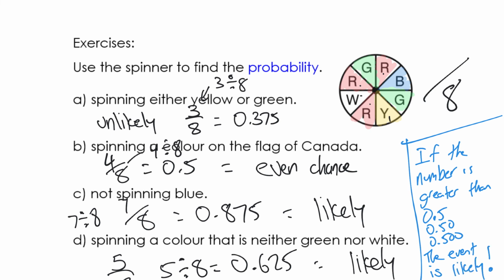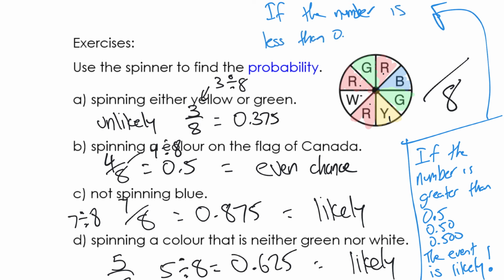Okay, and let's continue this up here. If the number is less than 0.5, the event is unlikely.